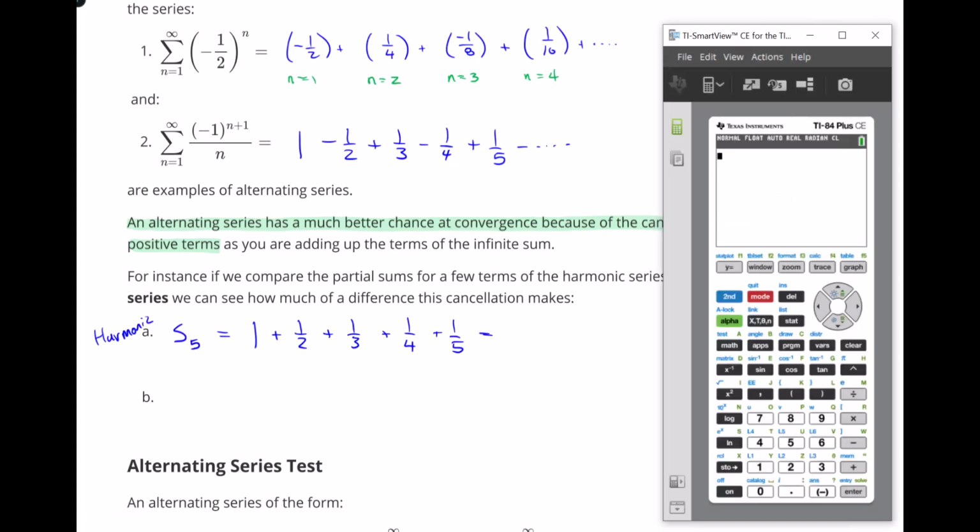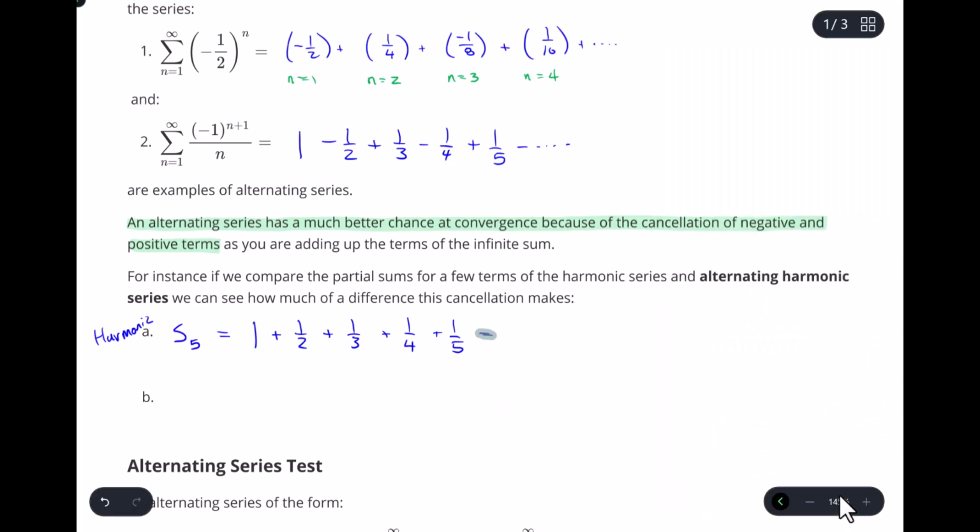I'll estimate this in the calculator, and that's about 2.28, rounded to a couple decimals.